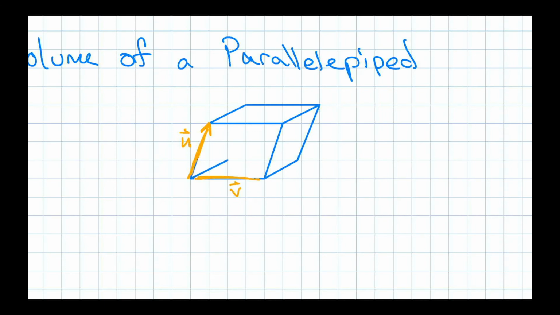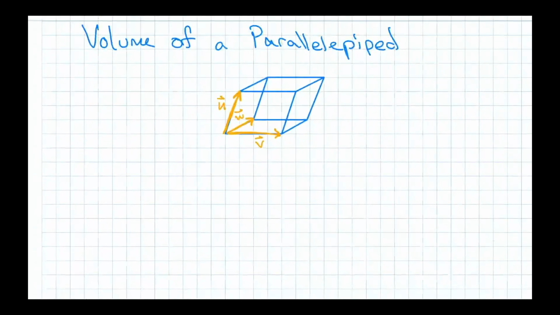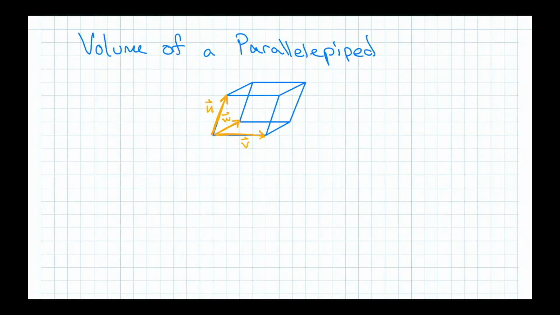There we go. So your third side is going to be here, and that's going to be w. Those are the three vectors you would need to determine a parallelepiped, in the same way you do a parallelogram. And it turns out that the volume of that is going to be the triple scalar product.